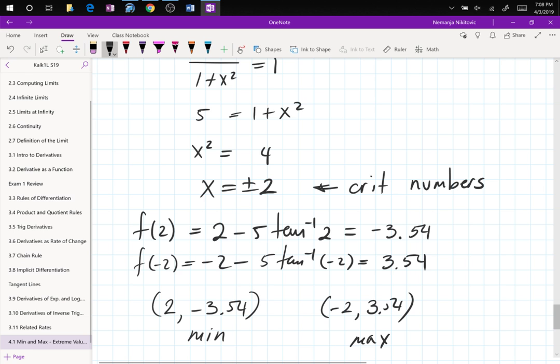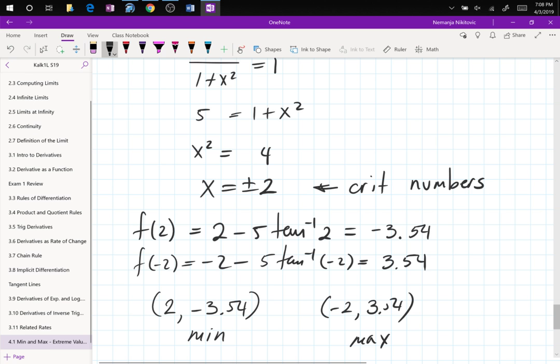There it is. At negative 2, you see a maximum, and at positive 2, you see a minimum. You can verify all of these calculations just by graphing and looking at the piece of either graph, because you should be able to spot min and max.